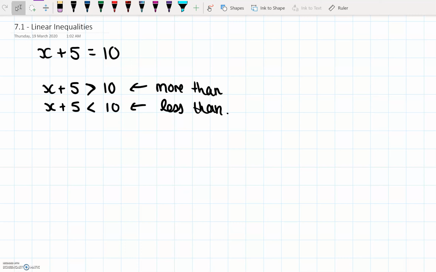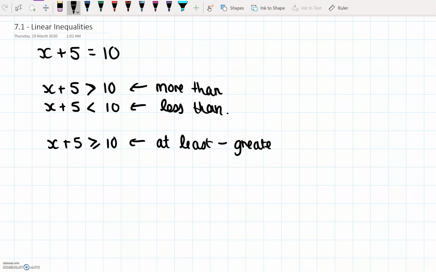We can also say that we have at least 10. X plus 5 is at least 10, which means x plus 5 is greater than or equal to 10. So that is at least, or greater than or equal to.